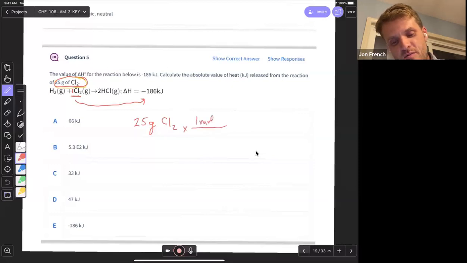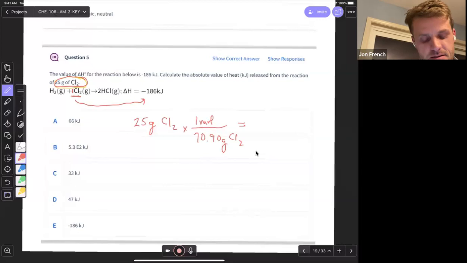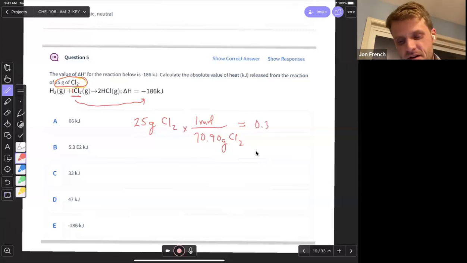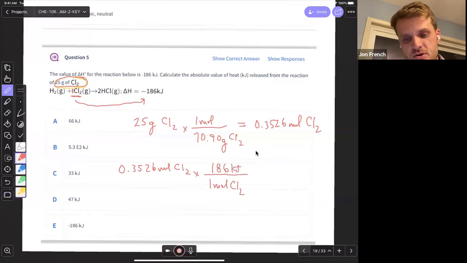I know for 1 mole of chlorine, chlorine is 35.45, so 70.9 grams of chlorine. So 25 divided by 70.9, I've got 0.3526 moles of chlorine. Now I go to that thermochemical equation. For every 1 mole of chlorine, we're going to release 186 kilojoules.